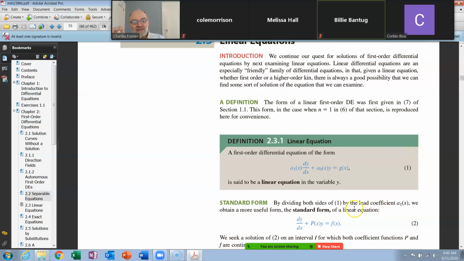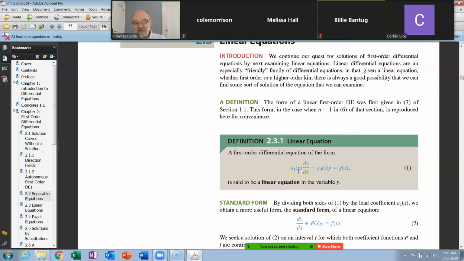This is not a differential equation if this a1 of x is ever equal to 0, is it? If that a1 of x is equal to 0, then this whole thing disappears, and you have a linear, not differential equation, just a linear equation in y. X may not be linear, but you have just some function of y. Well, that's pre-calculus algebra stuff. That's not differential equation stuff.